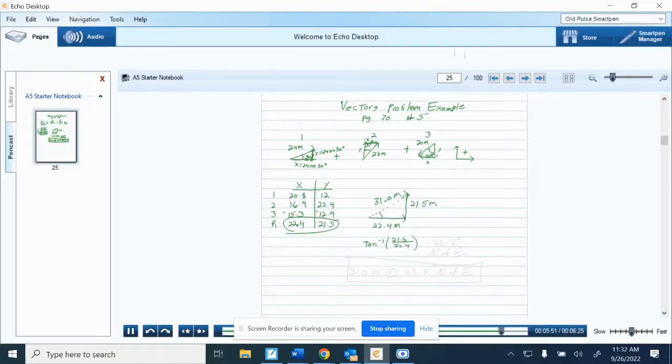What I'm doing is finding this angle here. So 21.5 divided by 22.4, and I get 43.8 degrees, and this is north of east. So what I have is 31.0 meters at 43.8 degrees north of east.